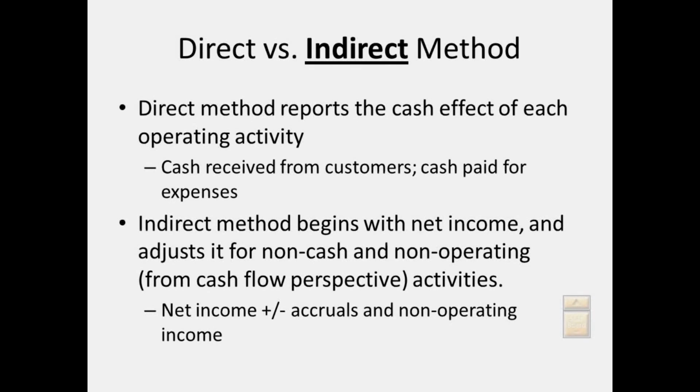All right, so this is what I was just sort of saying, which is the direct method of the statement of cash flows makes a lot of sense. We would just say, hey, here's the cash we took in, here's the cash we used. That's what we present to investors. And 99.9% of companies use the indirect method, which is the one that makes no sense at all, which is we start with accrual accounting, we start with net income, and then we add and subtract all of those things that we just did to make accounting, right?